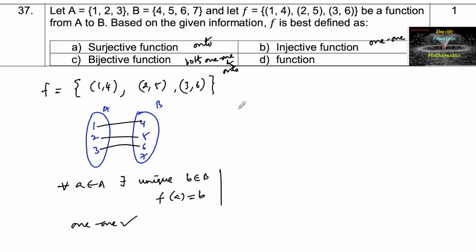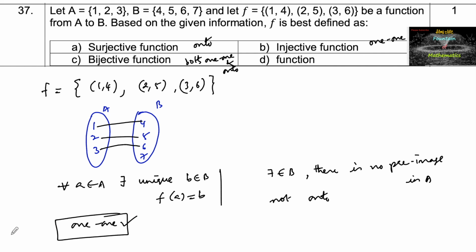Coming to onto, for 7 belonging to the set B there is no pre-image in A, so this function is not onto, not surjective. Hence it is only a one-to-one function, so the best we can go with is option B, injective function.